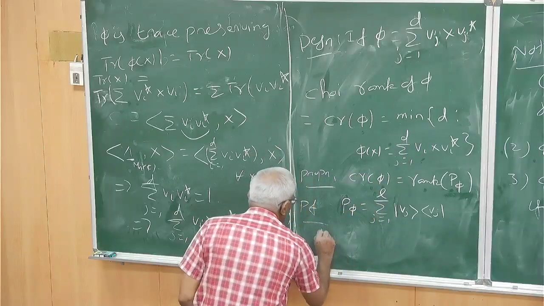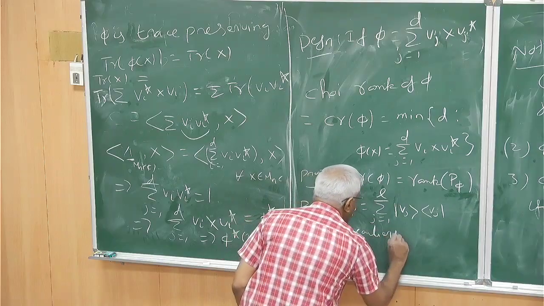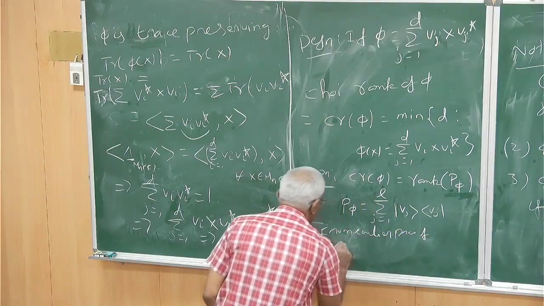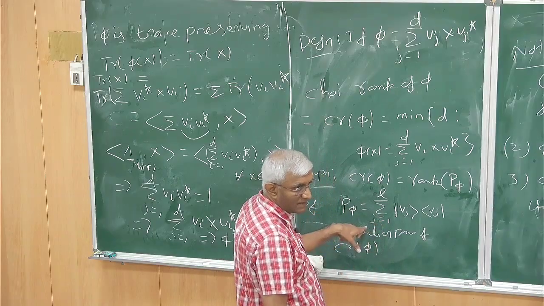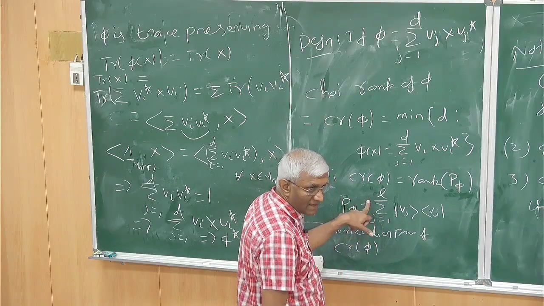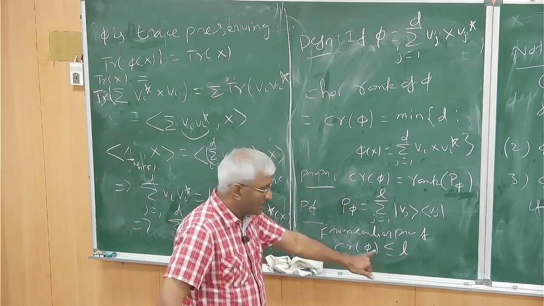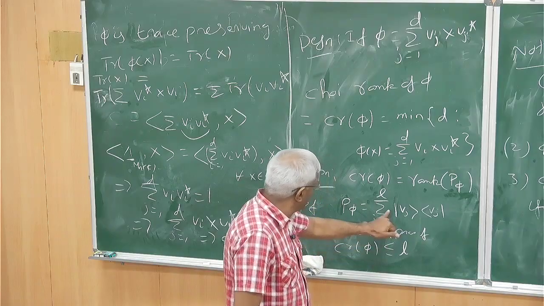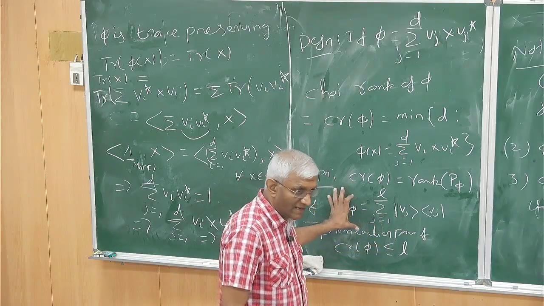So from the earlier proof, the Choi rank of phi, which is the number of elements here by definition, that will be at most L, since it is a minimum. But this L is less than or equal to rank of P phi, or exactly equal to that.